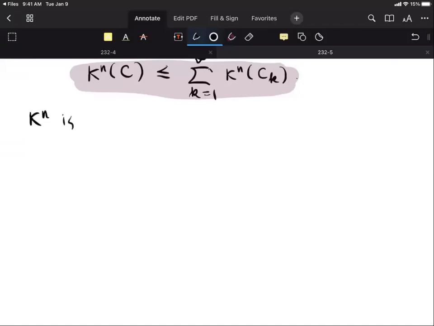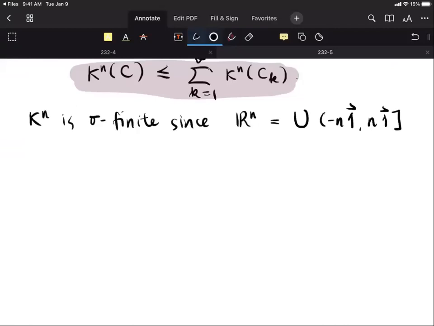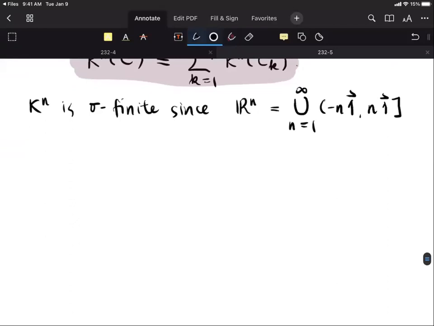Kappa n is sigma finite since you can cover Rn with the following cells, negative n, 1. So this is a vector having components negative n, and you take the positive ones, you take n from 1 to infinity, and you get the Euclidean space Rn.